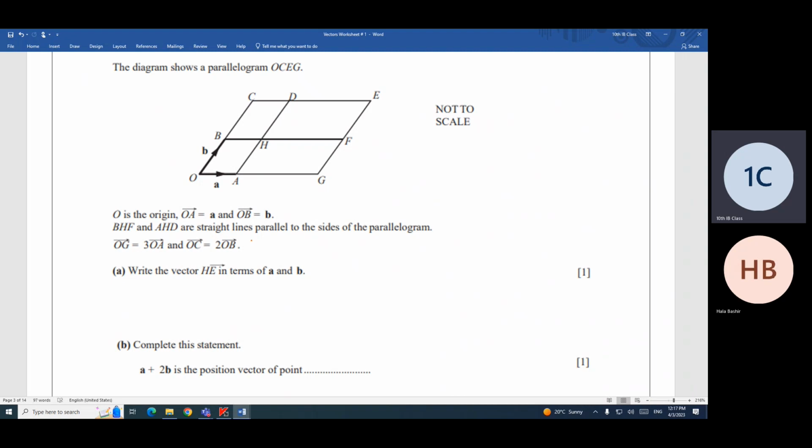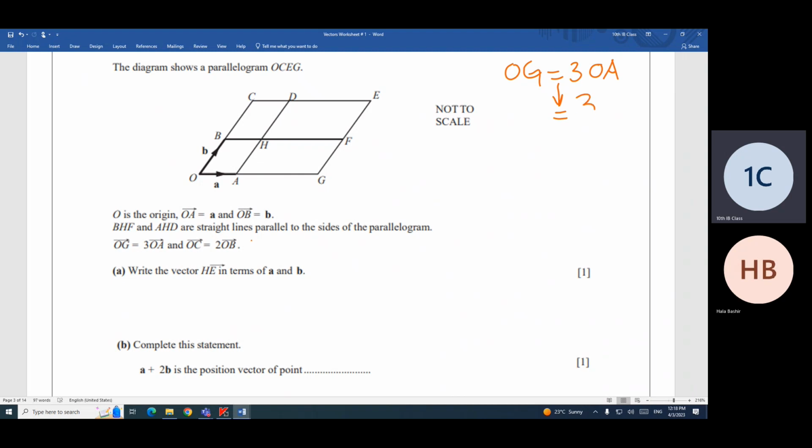So what do I do? You need to write the information. I write OG, and there is a difference between OG and GO. OG equals 3 of OA. Can I replace it here? The length of OA is an expression of a, right?